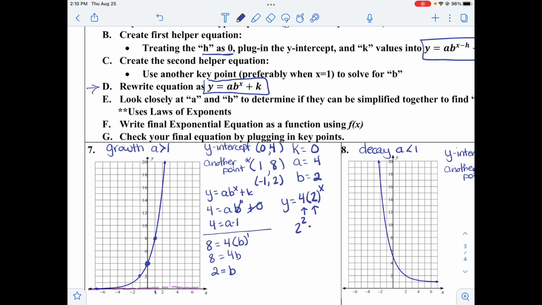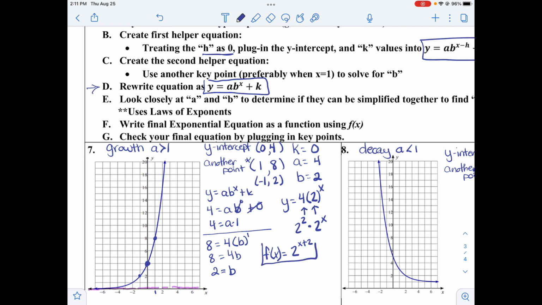So if we remember our rules of when we multiply same bases, what we do with the exponent is we keep the base and we add the exponents. So x plus 2. So our problem can be written as a function of f of x equals 2 raised to the x plus 2.